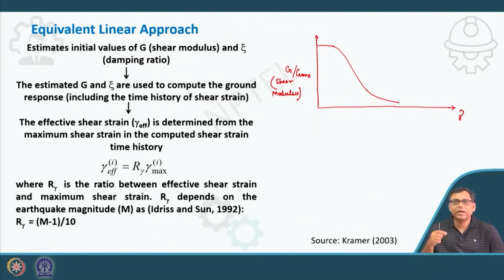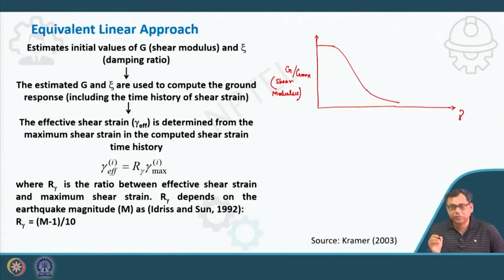If you know the G max, then at any strain level you can determine the G. So, to do this equivalent linear approach, you first have to generate this shear modulus degradation curve. And it has already been discussed how you can generate this curve for the soil or the location where you are doing this ground response analysis.